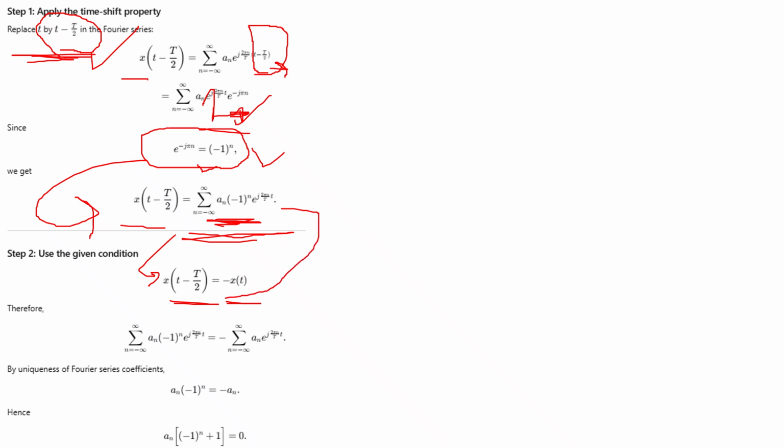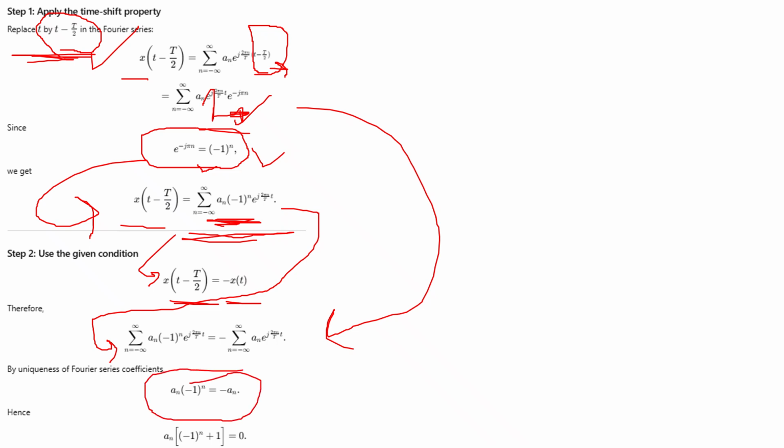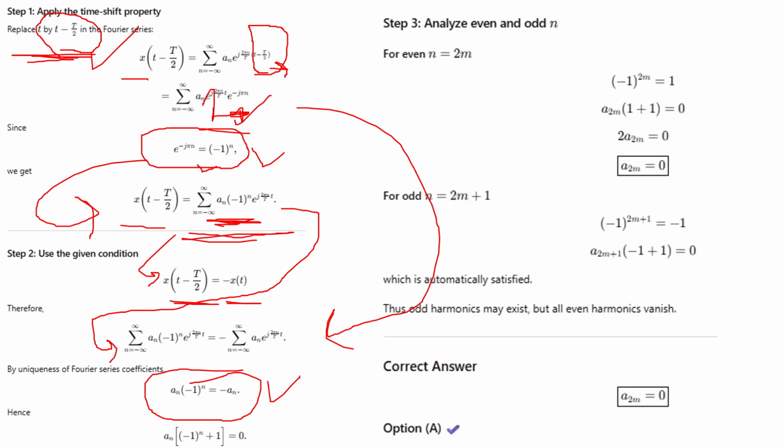Then whatever equations we got, that is x(t) and minus x(t), if we equate both now, we will get the relation between the coefficients, and this condition will be true only if this is satisfied.